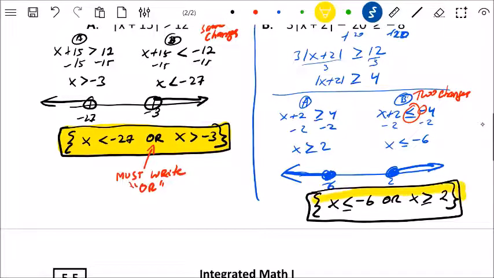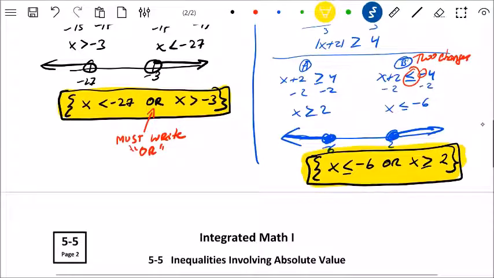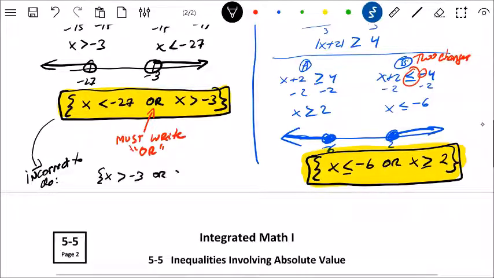And then let me point out something here. You have to follow the number line direction. So for instance, if we take either one of these, let's take this one down here. It's incorrect to do x greater than negative 3 or x less than negative 27.